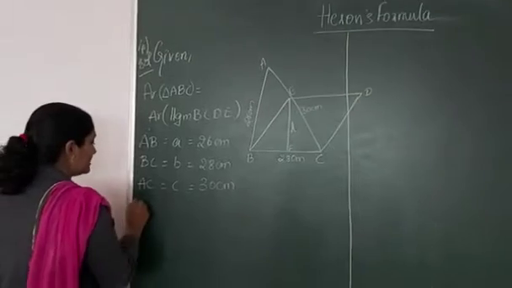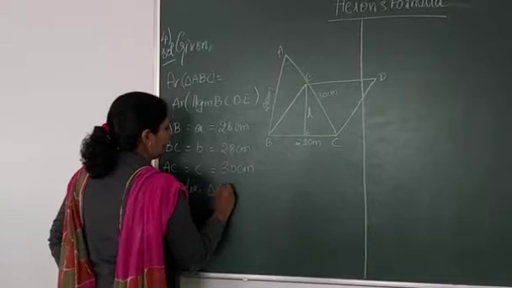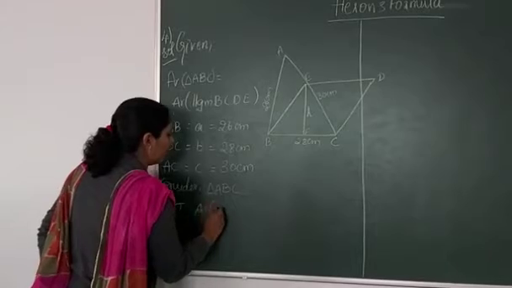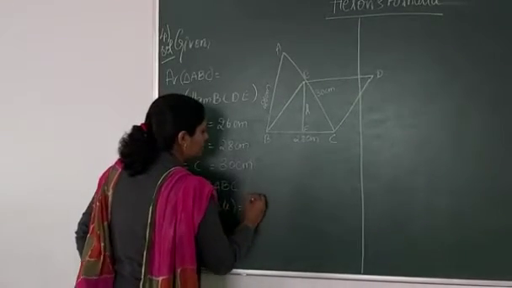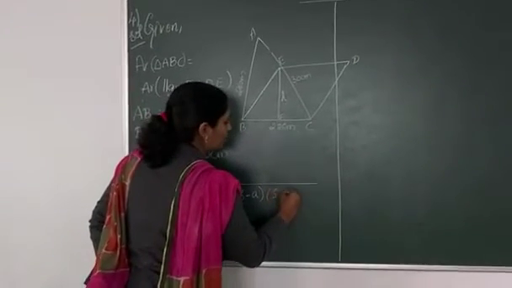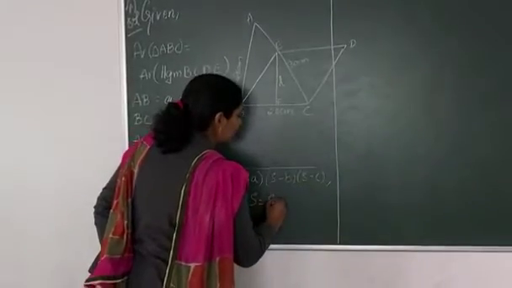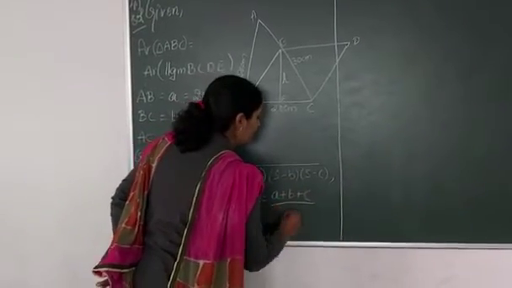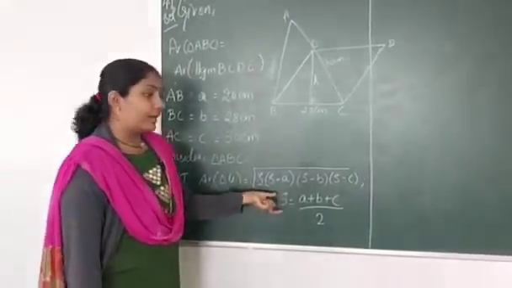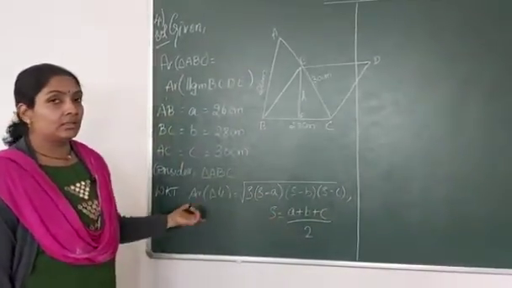Now, let us consider triangle ABC. We know that area of a triangle is equal to square root of s into s minus a into s minus b into s minus c, wherein the value of s is a plus b plus c by 2. Right? Now we will first find out the value of s, then substitute the values in the area formula.